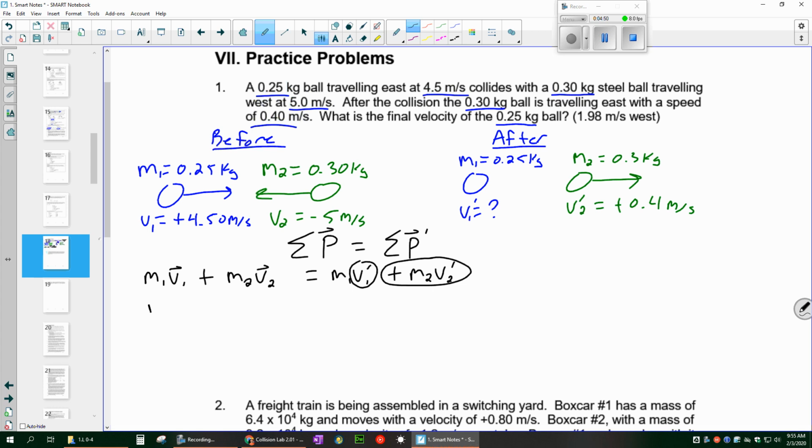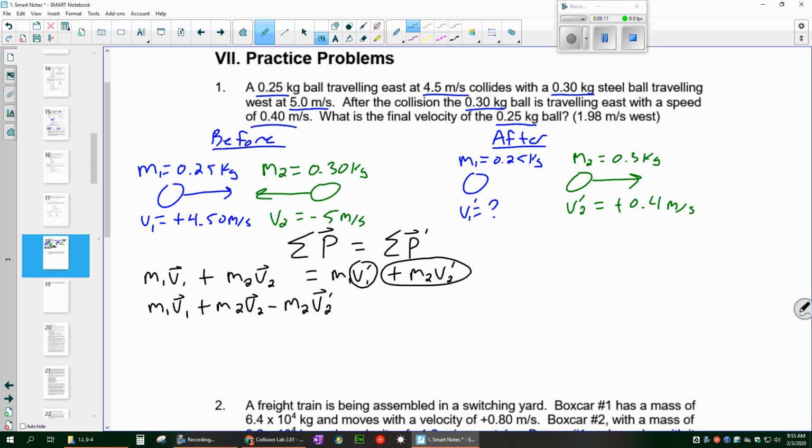So now we're going to have M1, V1 plus M2, V2 minus M2, V2 prime. And then, are you guys okay that I just had M1, V1 up here?